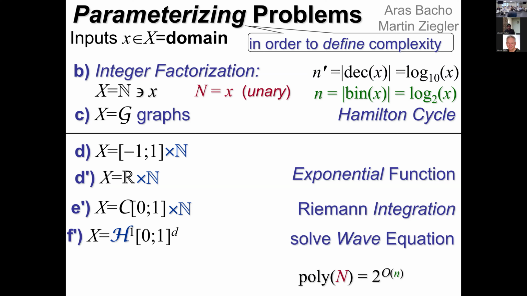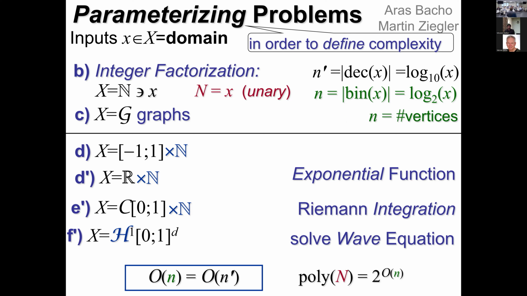You can also consider the decimal input length as a parameter, but of course that changes only by a constant factor. So there's a linear relation between these two complexity parameters. And this is kind of a prototype of the result that we prove for the case of LP spaces. So linear relation between these two parameters, exponential relation to the unary parameter.